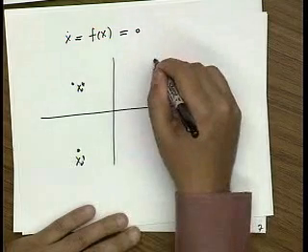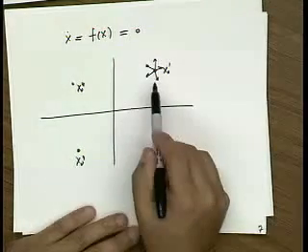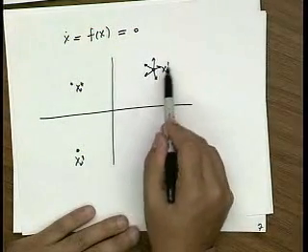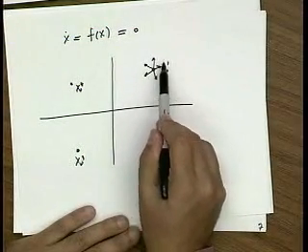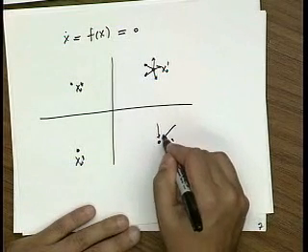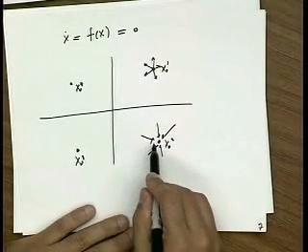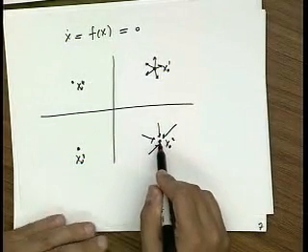And you can define stability for equilibrium points. This is an unstable equilibrium point because if you just disturb it a little bit, the system likes to get out of this equilibrium. You might find an equilibrium point that's stable, like this, where if you move the system anywhere, it tends to return back to this equilibrium point.